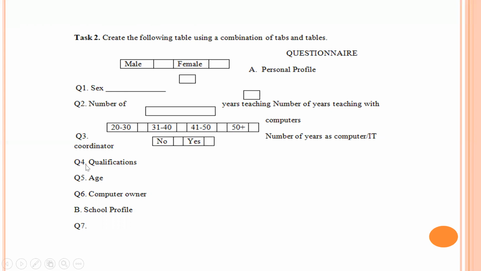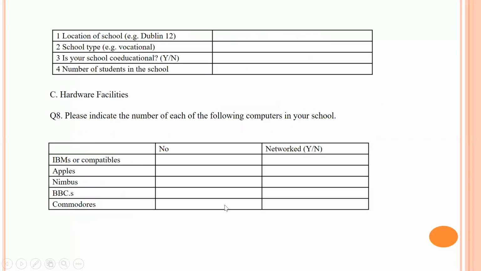And Q4, qualifications, and Q5, age, and Q6, computer owner, and here you must choose the variant B, school profile. In the variant B, you must write the location of school and school type.